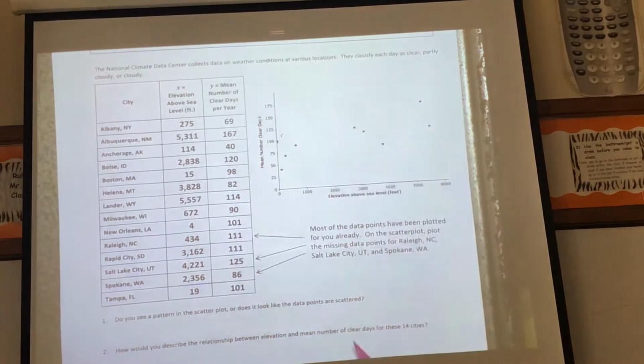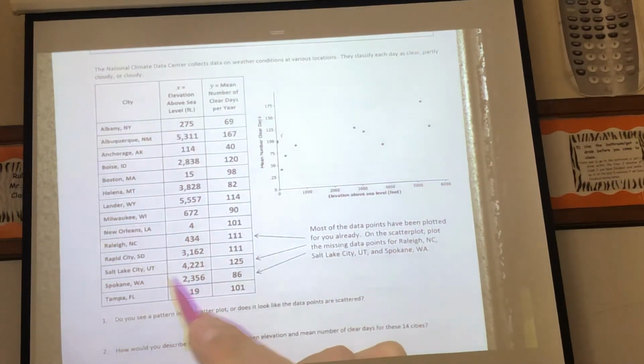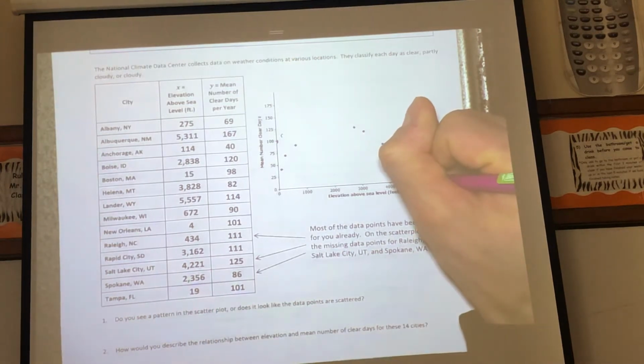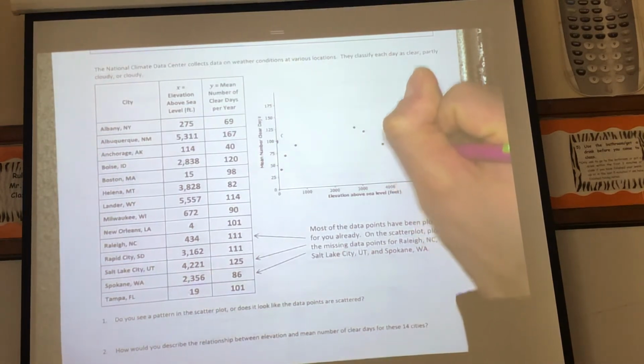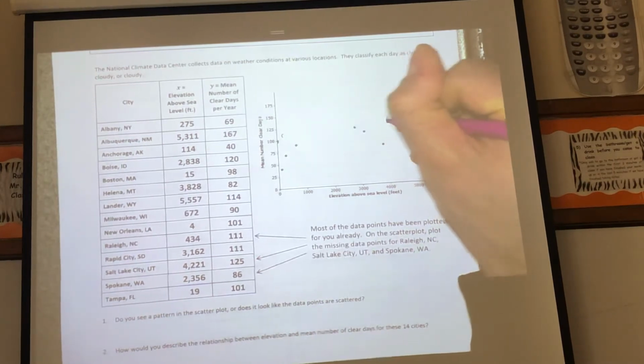So about there. We then also have Salt Lake City, Utah, which has 4,221, about a quarter of the way here, and up to 125. So about there.